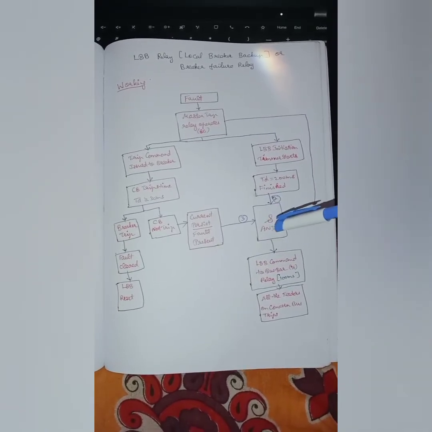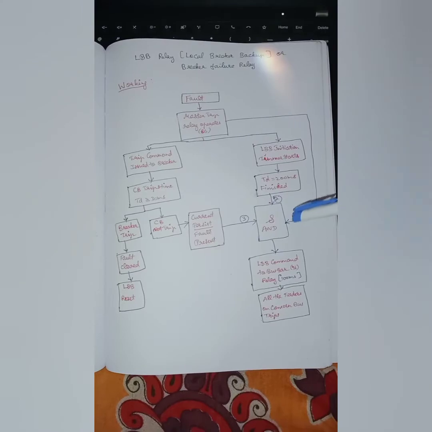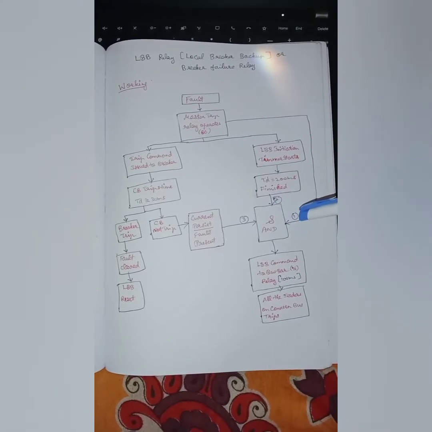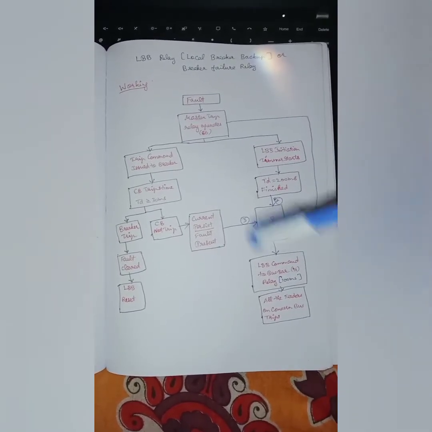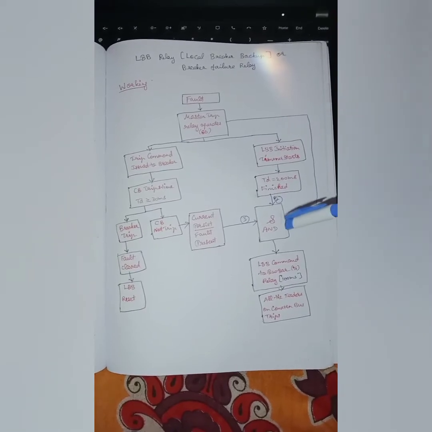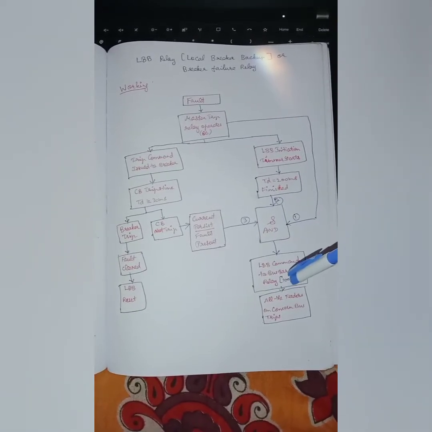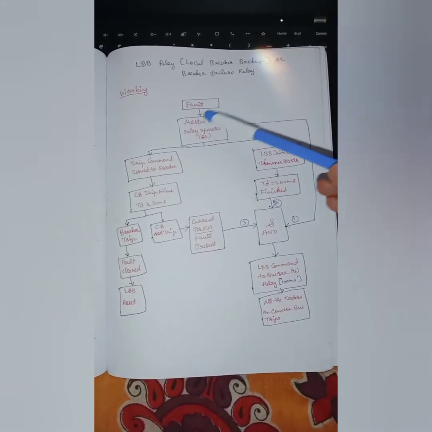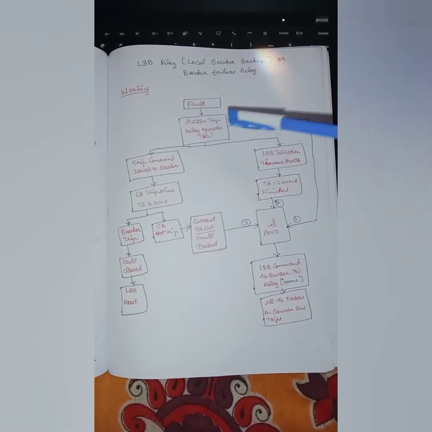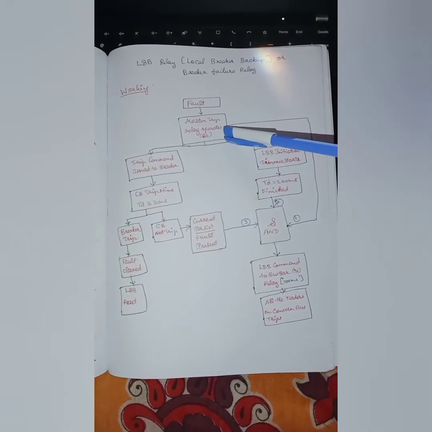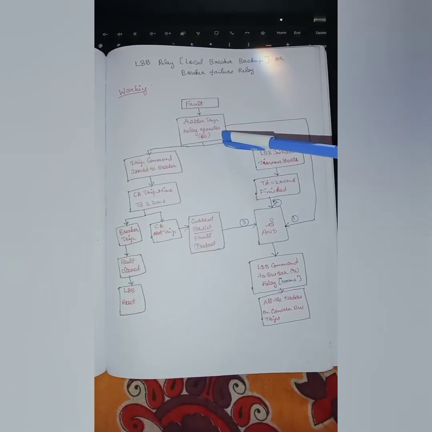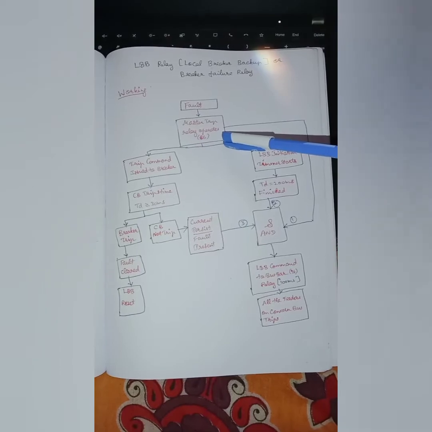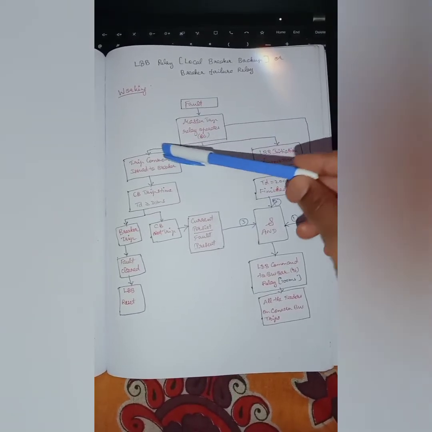So this logic should be satisfied. As per the logic, all three conditions should be satisfied, and only then will the LBB give a command. So first the fault occurs, and your master trip relay will respond for the fault and initiate the trip.